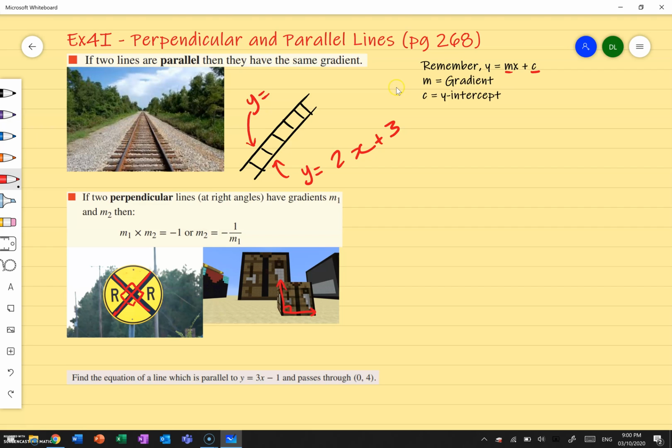So I know that m is our gradient. If they have the same gradient, that means that this equation is also y equals 2x plus, and we don't know, so let's write c. Right, so it's got the same gradient. M is the same. Now, if they're perpendicular, that means that we have to go through a process.